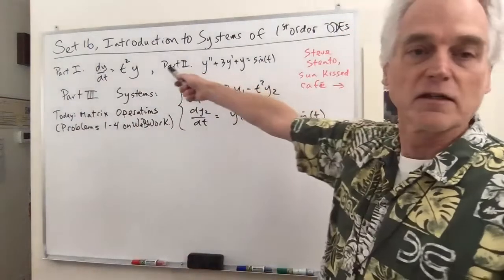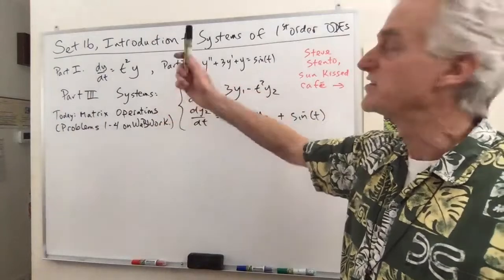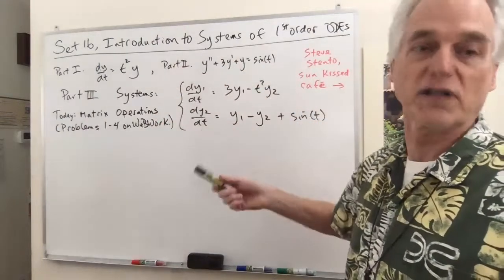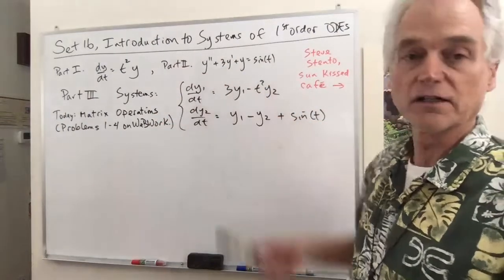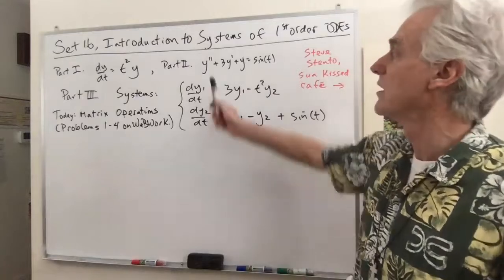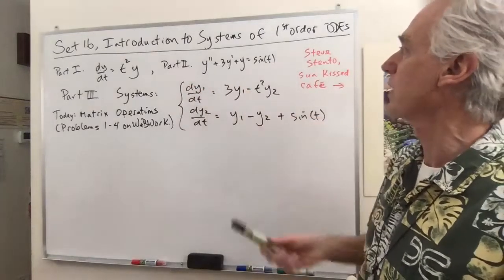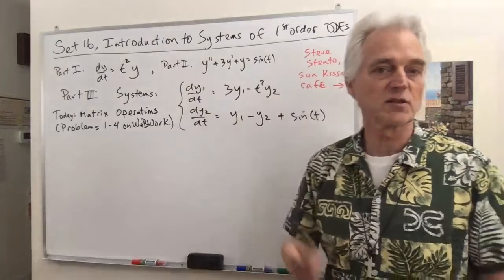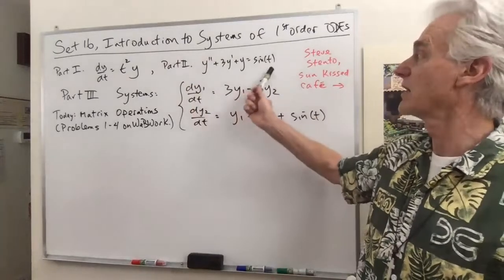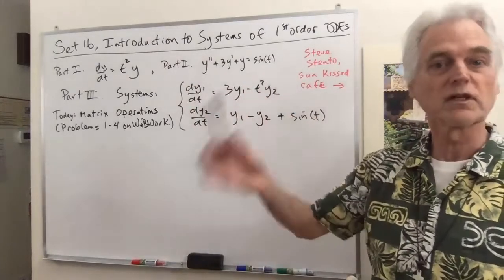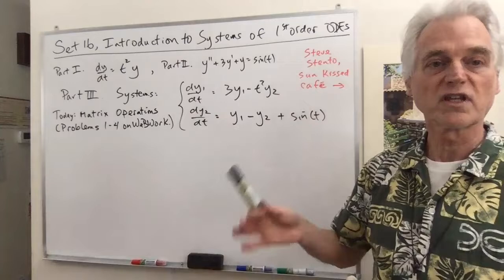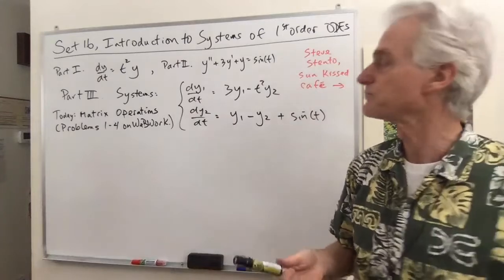And then the second part was second order or higher ODEs, mostly linear, like this one, y double prime, so it's second order, plus 3y prime plus y equals sine of t. So this is a non-homogeneous second order linear ODE with constant coefficients.